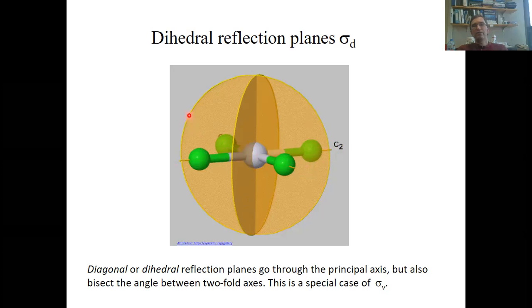Now you see we have here two mirror planes that are vertical mirror planes because they contain the C4 axis, which is the principal axis and which stands here. And these two vertical mirror planes, they bisect the angle between the two C2 axes. For that reason, they are dihedral mirror planes.